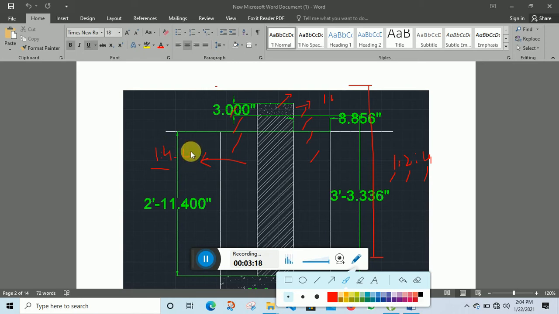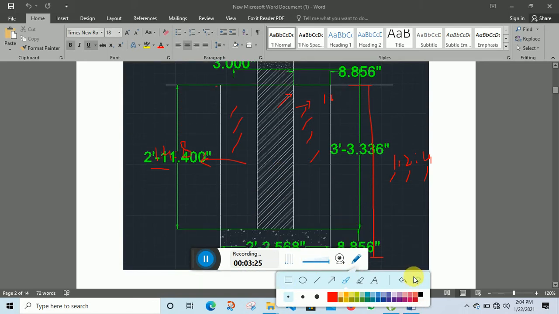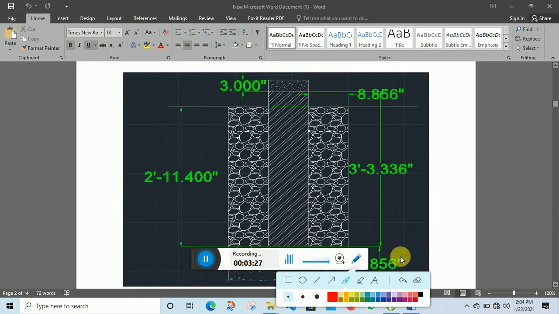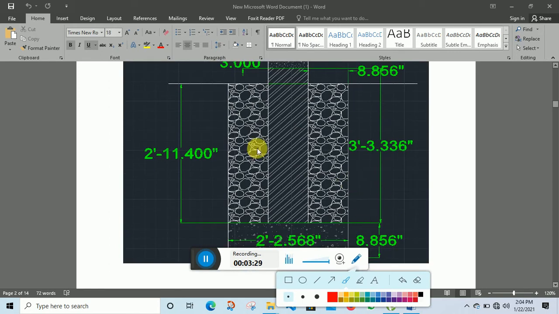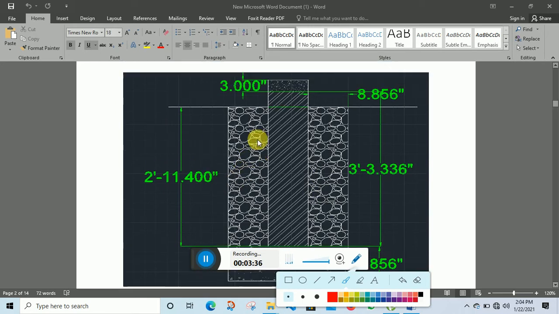This is the cross section before the filling. Now this is the cross section when we fill the empty spaces with concrete at the ratio of 1:8, and overall it is the same.